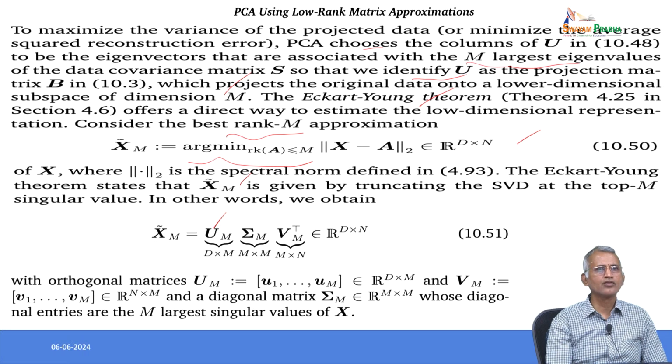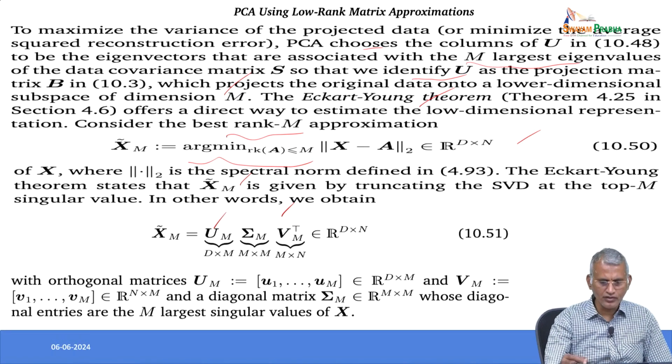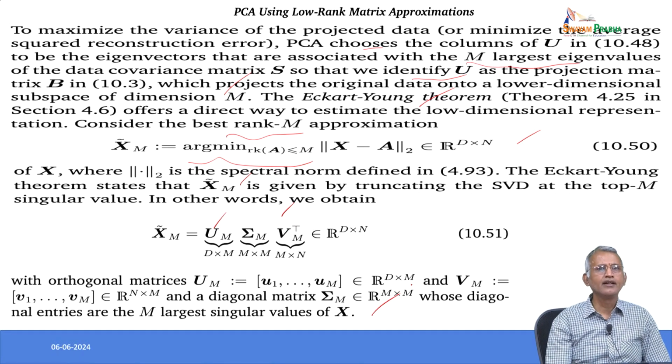These are the orthogonal matrices from the given matrix A, and simply using this format we get X_m. Therefore, these are the largest singular values of X, the diagonal Sigma_m is in R power M cross M with the diagonal entries, and M is the number of largest singular values of X.